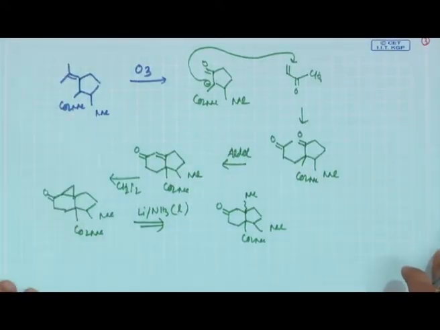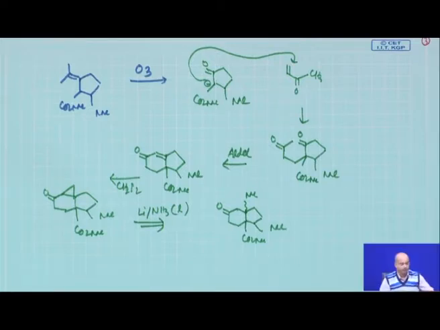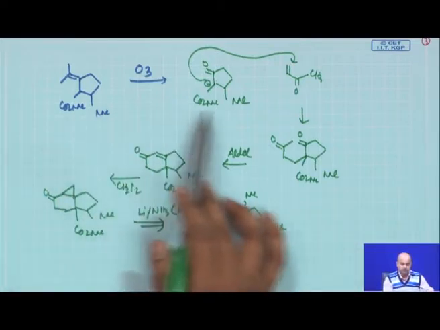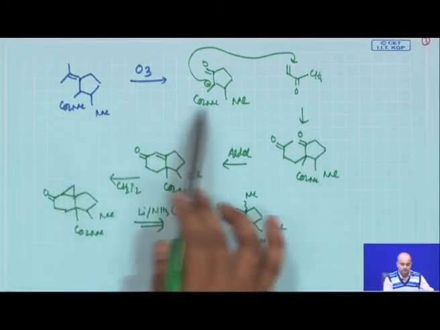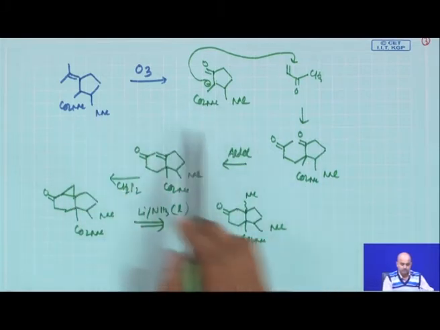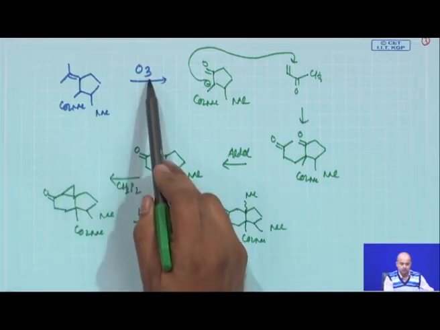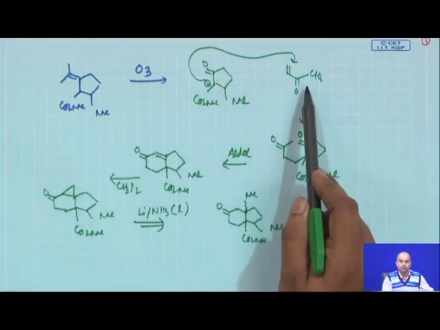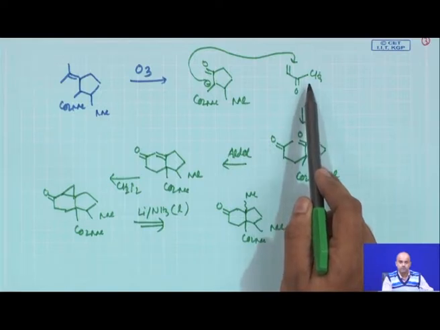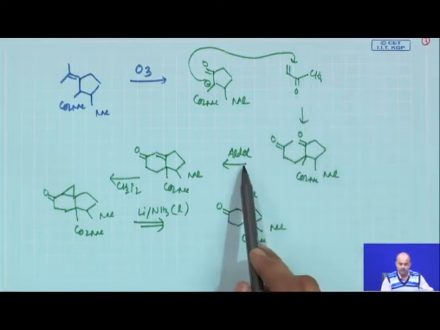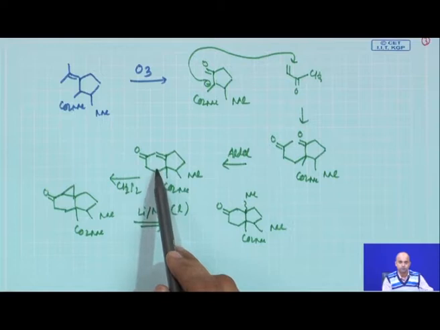Now, once you come here, the remaining part of the synthesis was absolutely simple, and then you can simply quench the reaction mixture. You can get this product, do an ozonolysis, come here, do a Michael addition with methyl vinyl ketone followed by aldol, that gives you the alpha beta unsaturated thing.